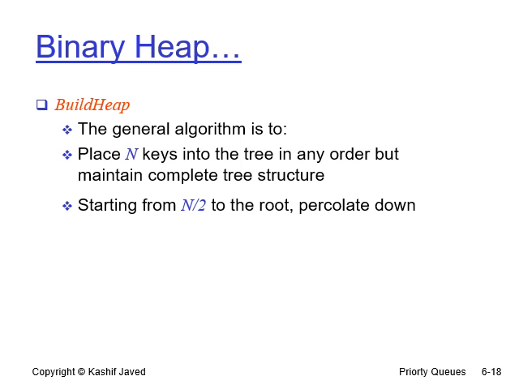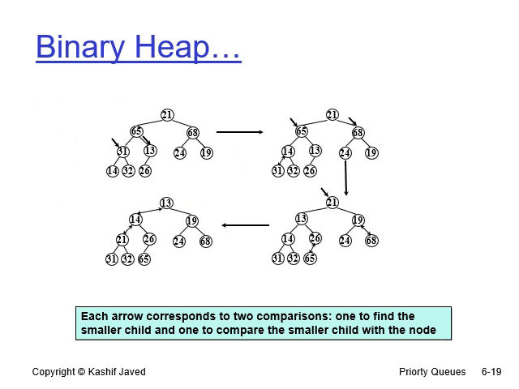Then I will move to the previous node, satisfy the heap order property, then move to the previous node again, and so on. This process continues until I arrive at the root. So this is how we can build a heap.